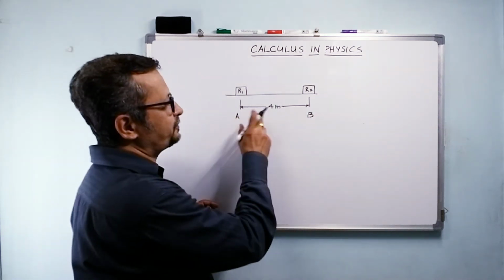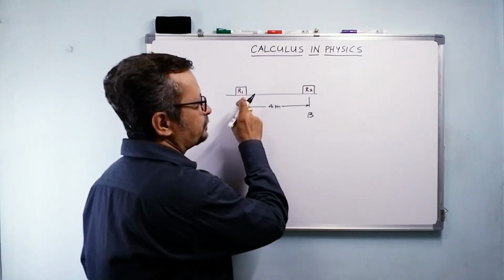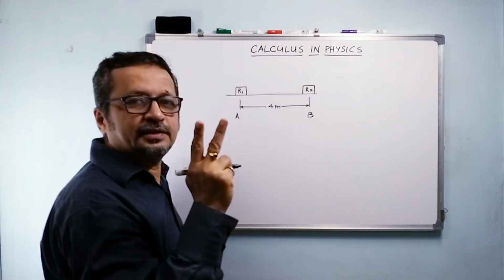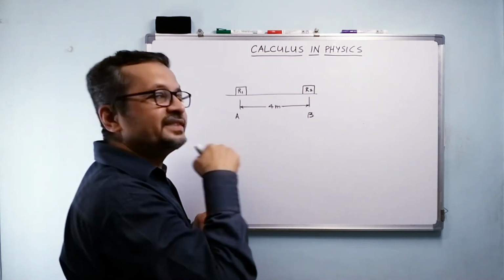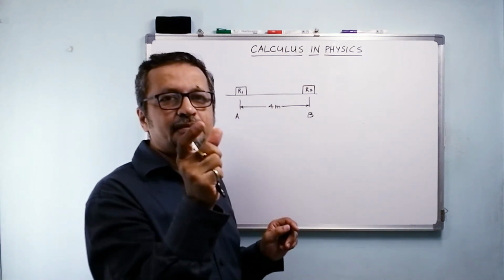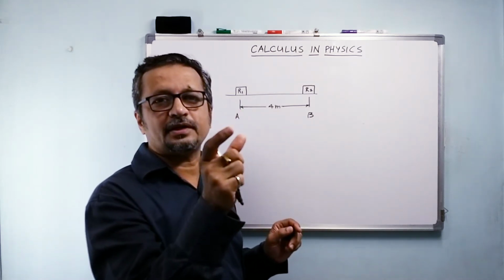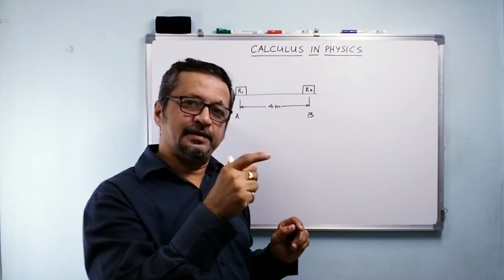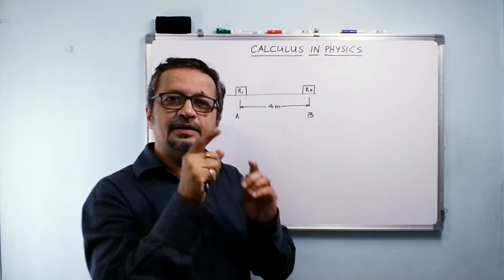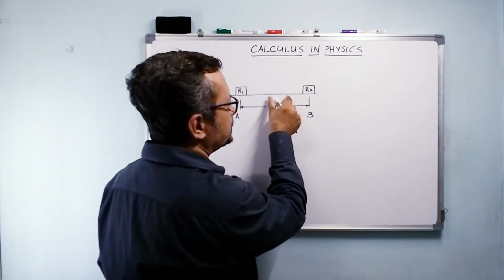So at the end of the first second, my rabbit R1 from A jumps 2 meters. Now what is the distance remaining between them? It is 2 meters now. In the second second, he will jump 1 meter. Now again, what is the distance remaining?